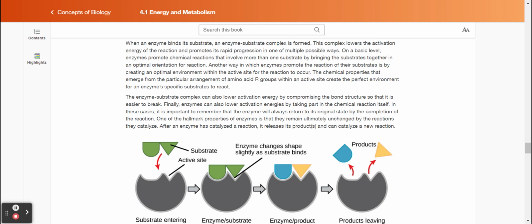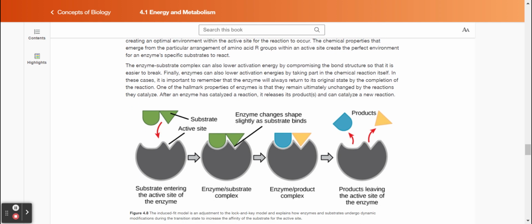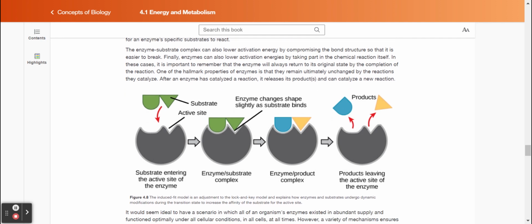The chemical properties that emerge from the particular arrangement of amino acid R groups within an active site create the perfect environment for an enzyme's specific substrates to react. The enzyme-substrate complex can also lower activation energy by compromising the bond structure so that it is easier to break.